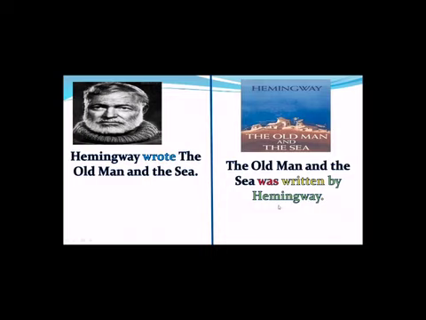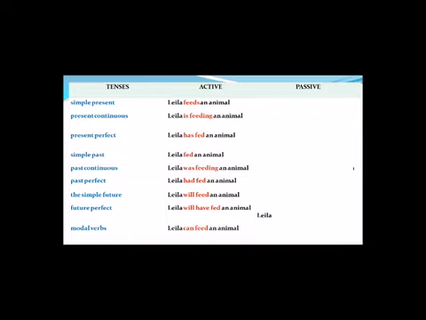Very good. Now let's see the other tenses. We have just been focusing on the simple past. Let's have a look at the other tenses using the same example. Let's start with the simple present. Layla feeds an animal. This is the active. It becomes: an animal is fed by Layla.